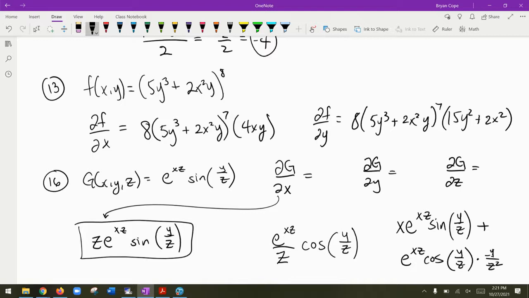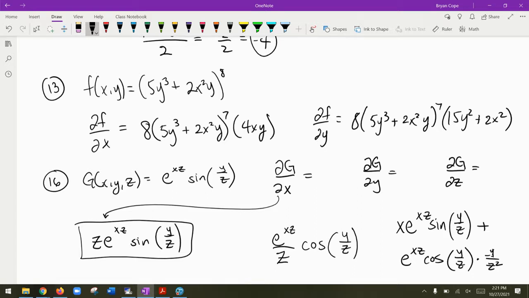Use the product rule. The derivative of the first thing is x e to the xz times the second thing, and then we've got the first function times the derivative of the second, which I agree with. Nice. Good, so both of these required nothing fancy because some convenient stuff was constant. This one required us to do the product rule.